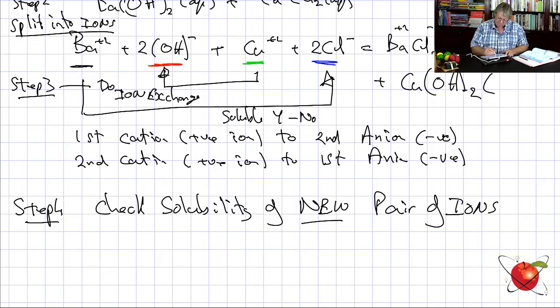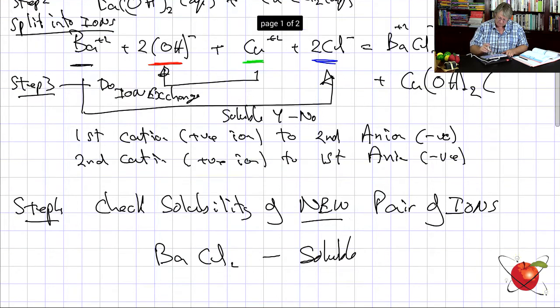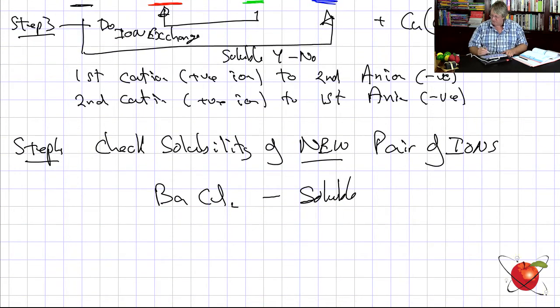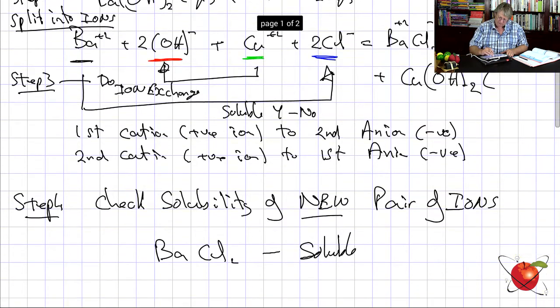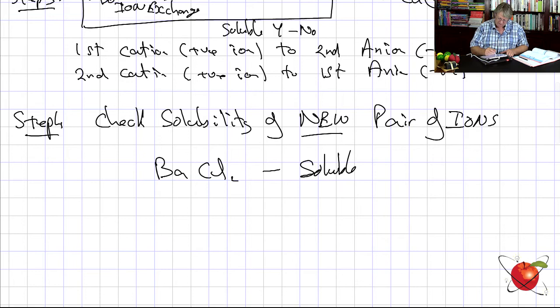We said barium chloride, BaCl2, soluble. Now we have to check the other one, in this case, copper hydroxide. CuOH, remember we have to balance it. It was a +2, so that's going to be 2.